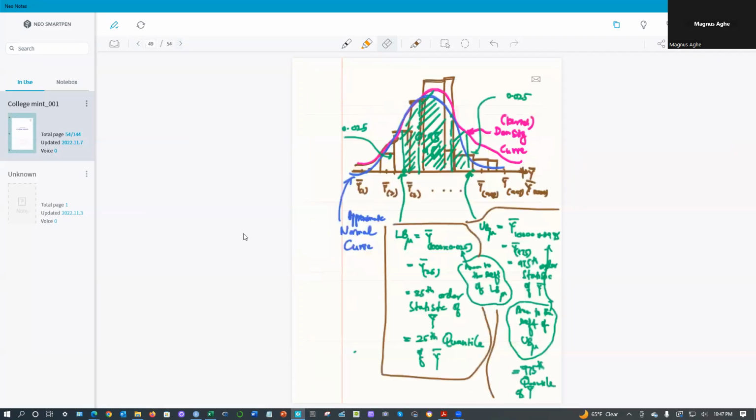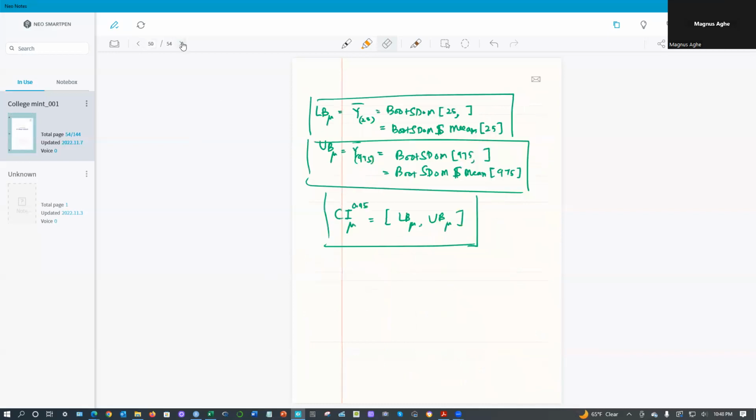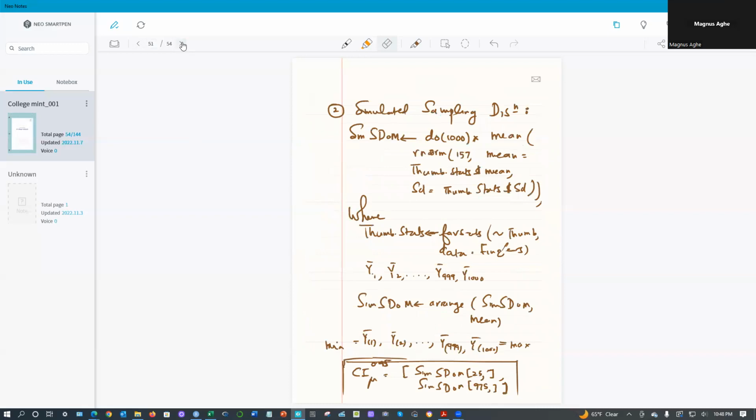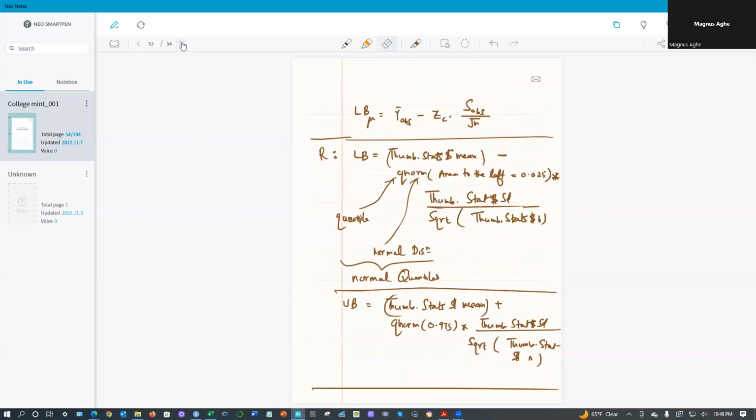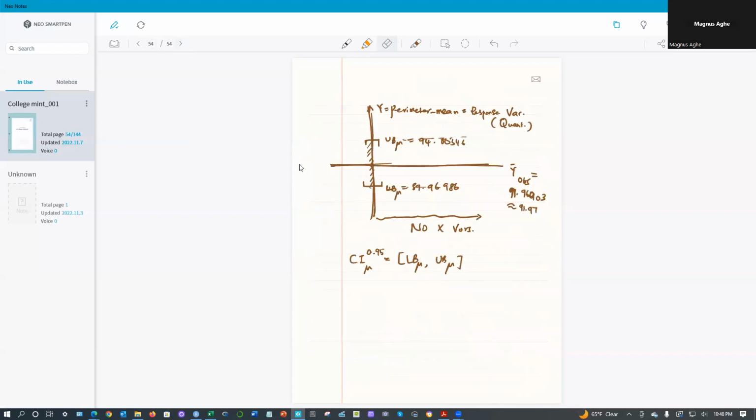I just used order statistics and got the 25th one, no critical values, nothing. I didn't add plus or minus like that. But the bootstrap got the upper cutoff and the lower cutoff.